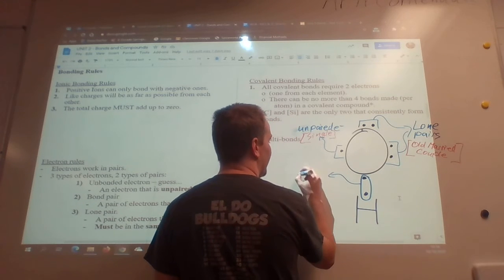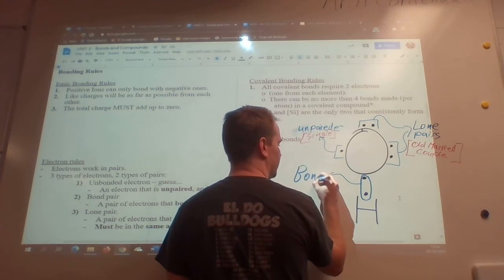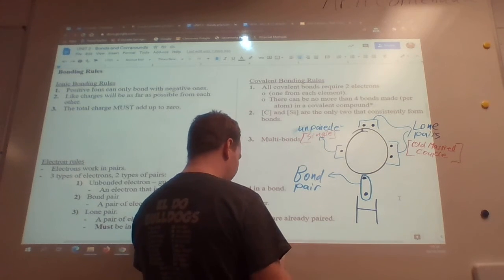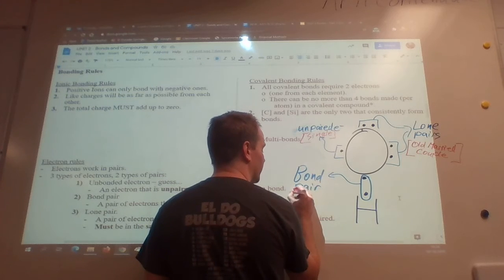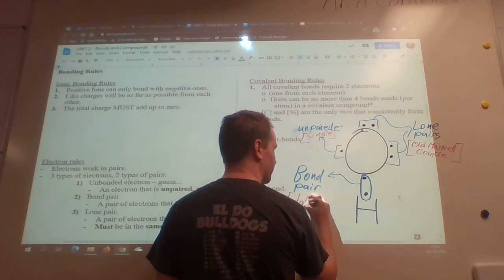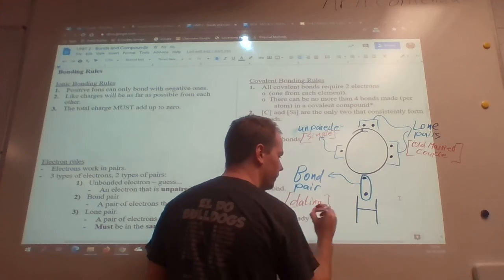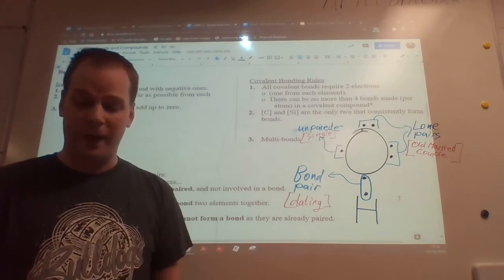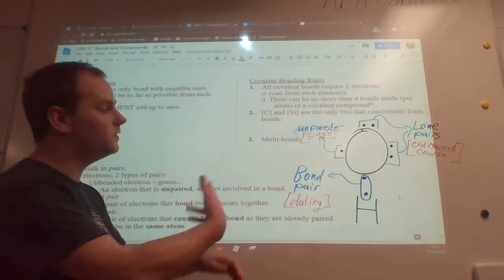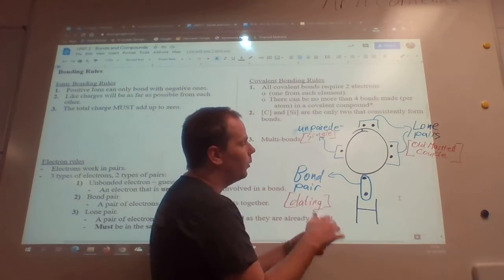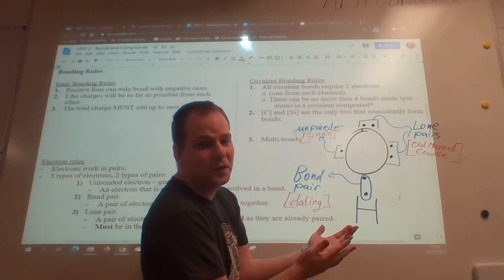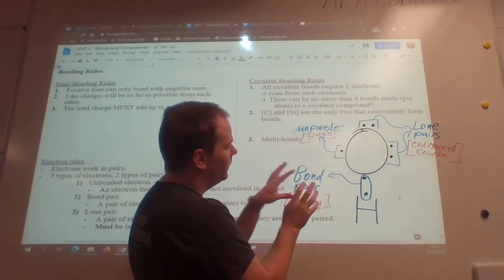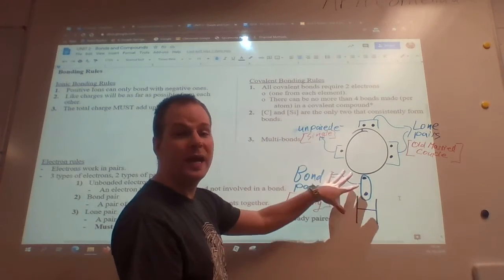So these are a bond pair, the electrons which are dating. It might work out, it might not. They're never going to turn into a lone pair, I can tell you that much. But they might stay together for a really long time, or they might be together for a couple of minutes and then go, this isn't working, and break up. But these are your bond pair, your dating electrons.